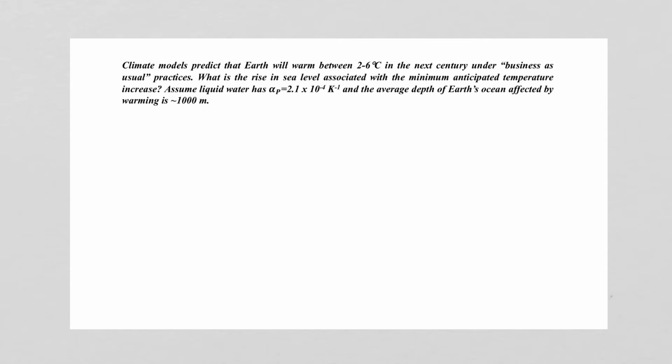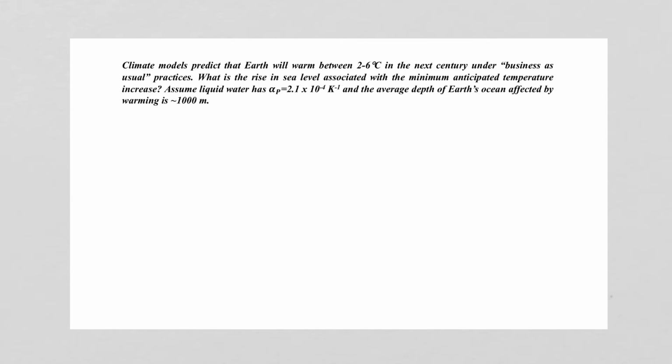Then we'll also assume that the average depth of the Earth's ocean that's affected by warming is about 1,000 meters. Realistically, the entire depth of the ocean is not going to be affected by increases in atmospheric temperatures. It's really just that first 1,000 meters that gets affected.